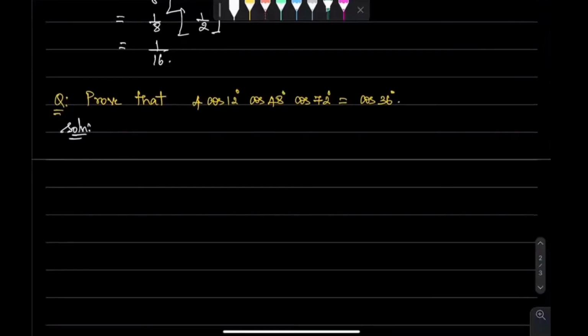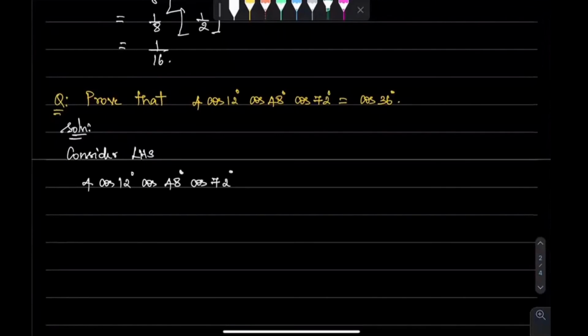So consider, we'll do it together, this problem. So consider LHS. What is your LHS? 4 cos 12 degree, cos 48 degree, cos 72 degree.